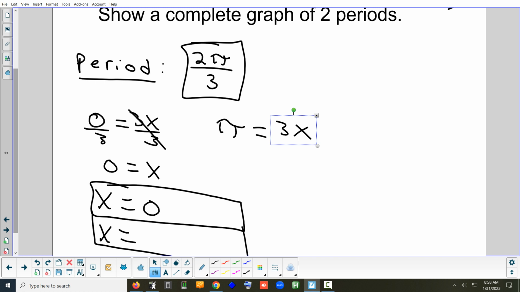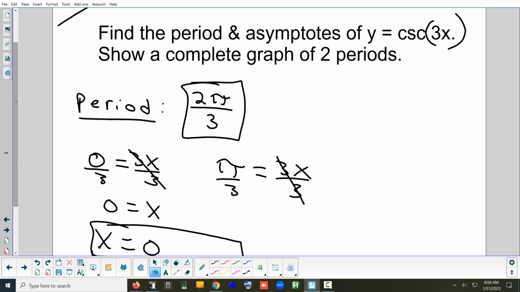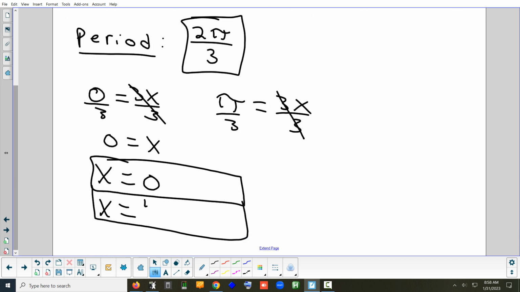Divide by 3. And that asymptote that was originally at pi has now been squished by 3 times as much. So it's not at pi anymore. It's at pi over 3. So those are what happened to the 2 original asymptotes in the table. 0 stayed at 0, and pi got squished to pi over 3.